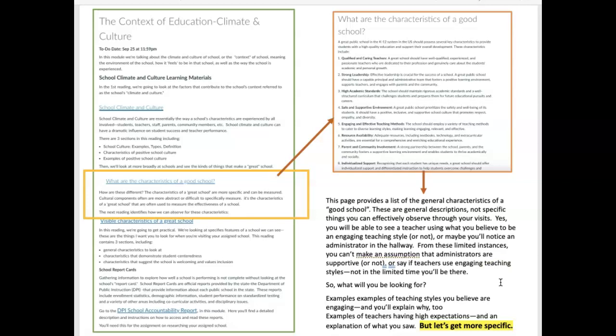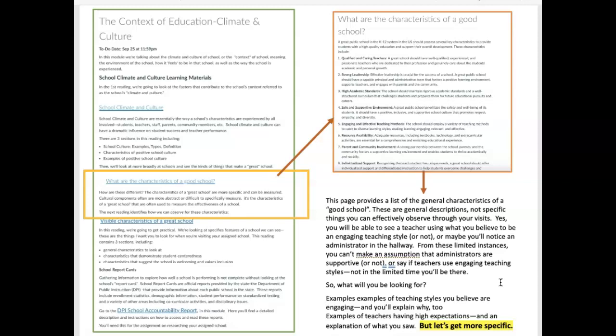So a preview of what we're going to be looking for will be like if you said, I'm going to be observing for engaging teaching. That's a tough one, and you don't know this yet, but engaging is a really difficult word in teaching. It's very undefined. And so if you want to say that you're going to observe for engaging teaching, what you'll want to do is look for teaching styles that encourage students to engage.